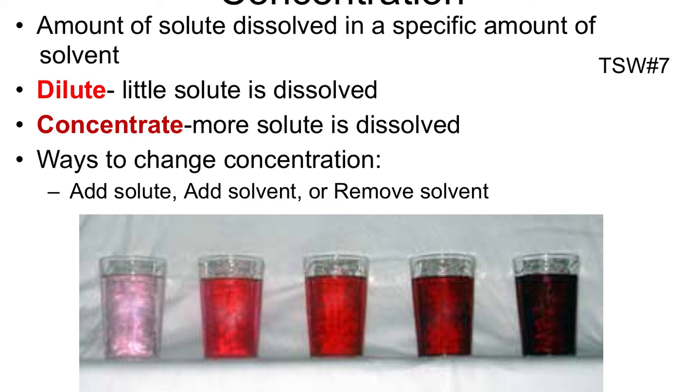Next, you got the concentration. Concentration also affects solubility. The amount of solute dissolved in a specific amount of solvent is important. Dilute is a term that means when you have little solute dissolved in the solution.